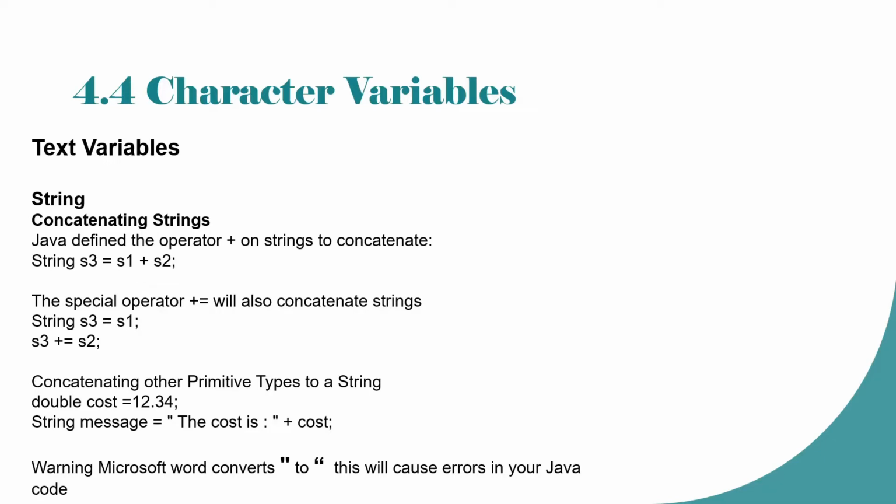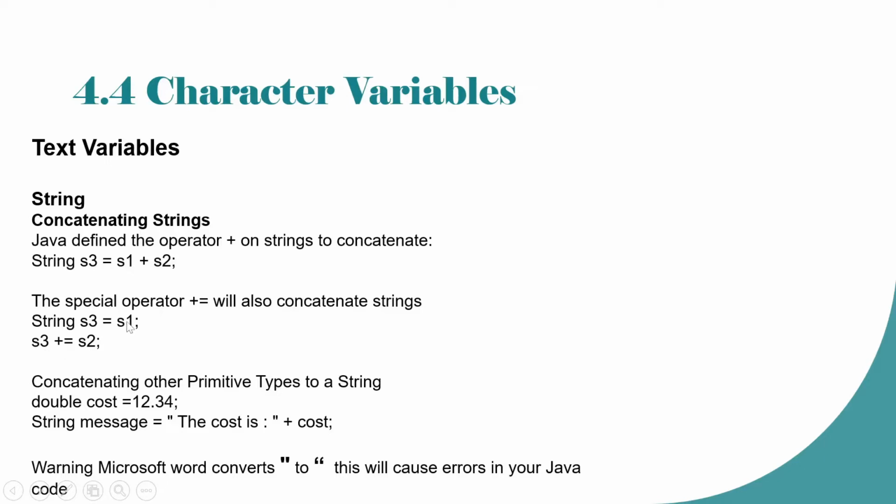Now, sometimes we want to join 2 or more string variables or string values to create a long value. We talk about concatenation. So here we can say S3 equals S1 plus S2. And whatever value this has plus whatever value this has becomes a new string and gets stored in S3. We can also use a special operator, the plus equals operator, to do the same thing. Here we declared the variable S3 equals S1, and then we say S3 plus equals S2.